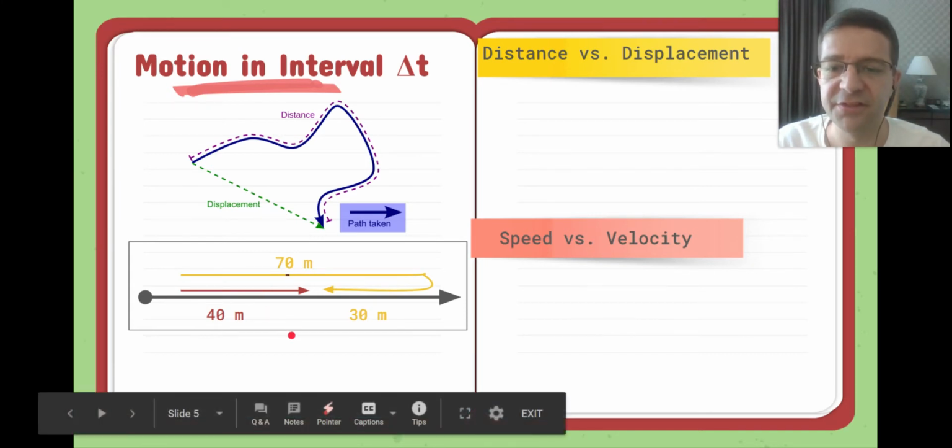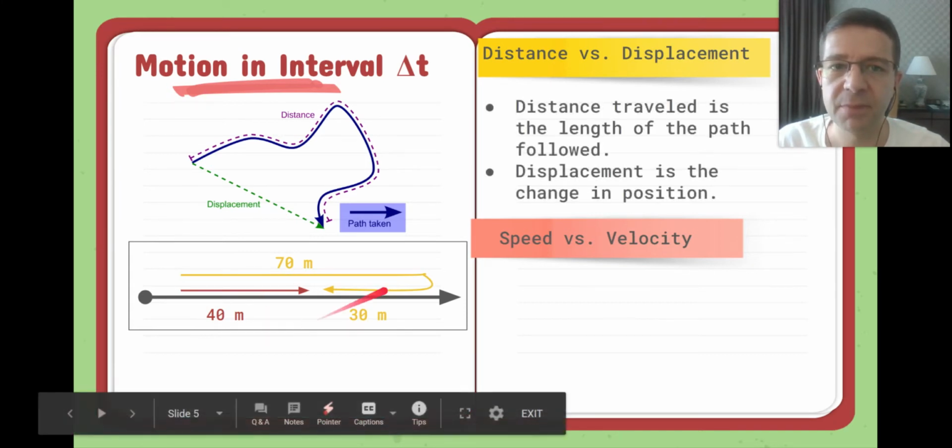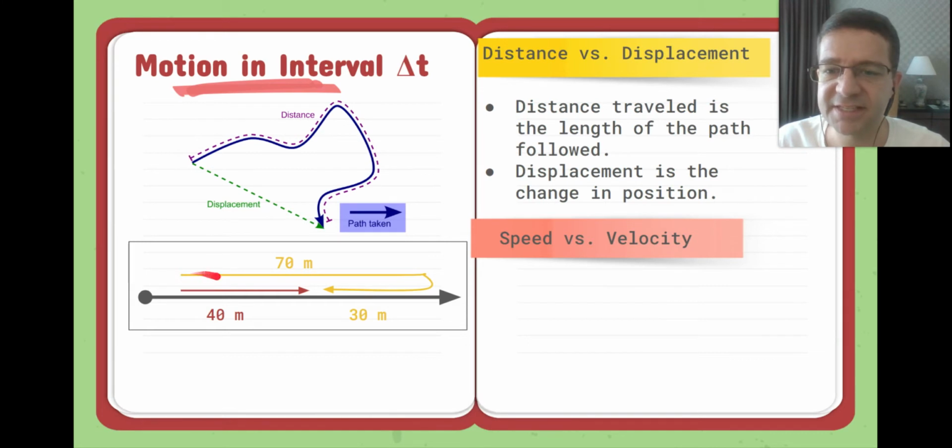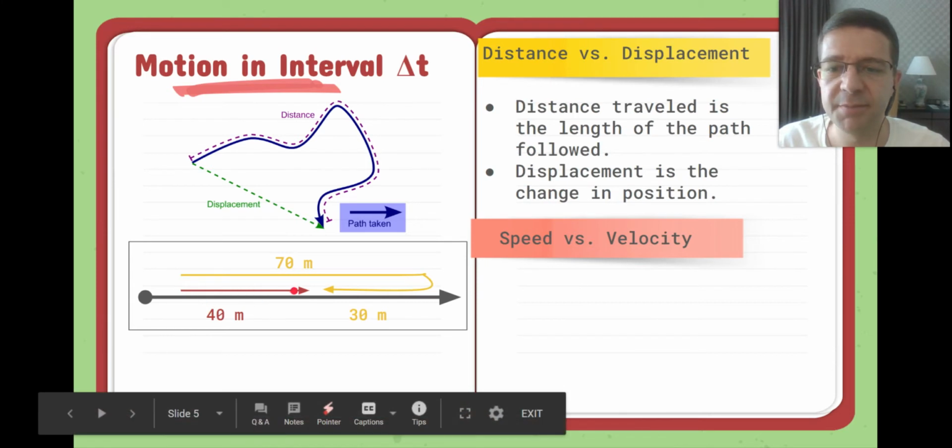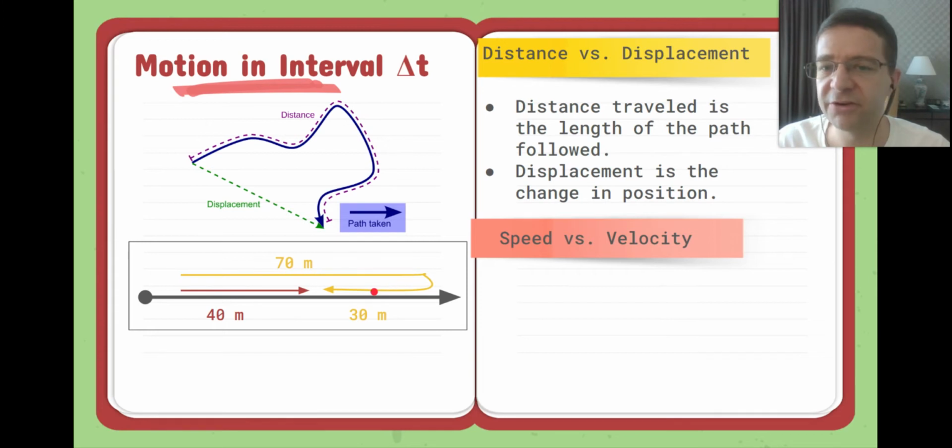On the other hand, the displacement would be the same. Because distance is the traveled length of the path that you follow. In this case, the yellow would be 100 meters for the distance traveled, and for the red, it would be 40 meters. Displacement, on the other hand, is the change in position from start to end, so the displacement is 40 meters for the red, and it's also 40 meters for the yellow.